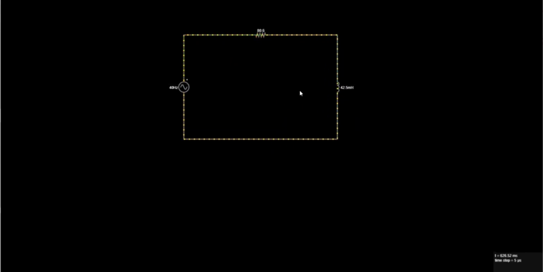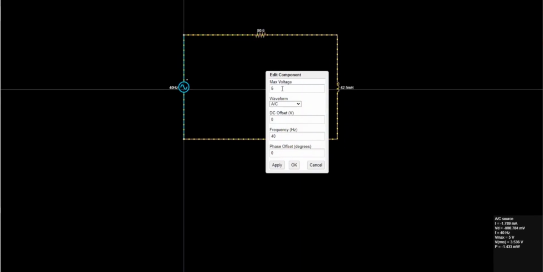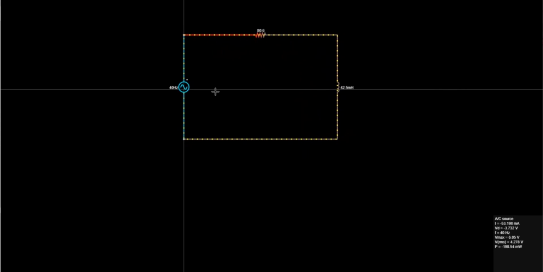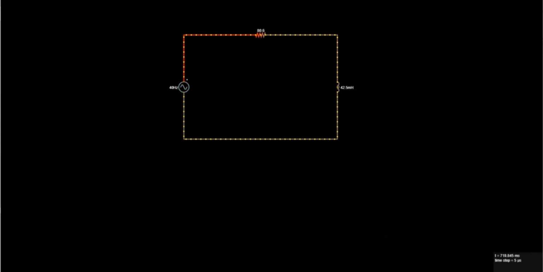My AC source is cranking out a peak amplitude of 6.05 volts. So change the max voltage to 6.05 volts. And you can see, you actually have a good visual. You're looking at a pretty efficient circuit.